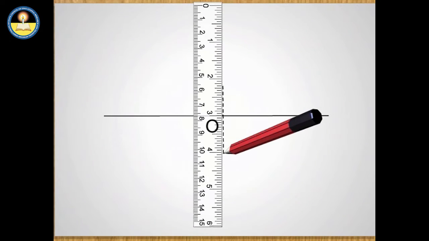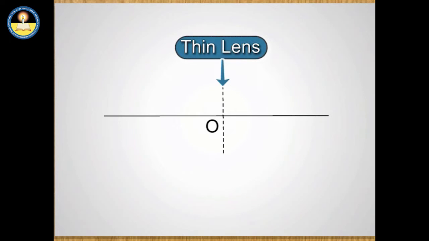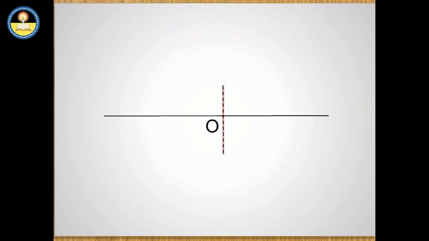Also, draw a vertical line passing through the point O that acts as a thin lens. One can show the bending of an incident light ray from this line only, to get the emergent ray after refraction through the lens.